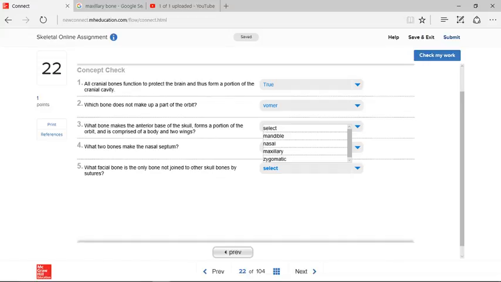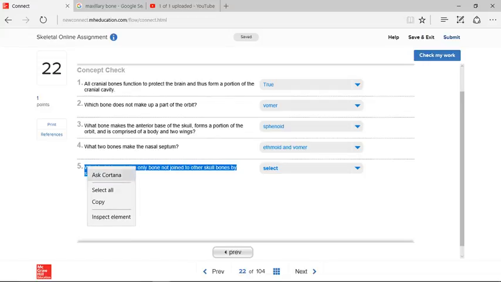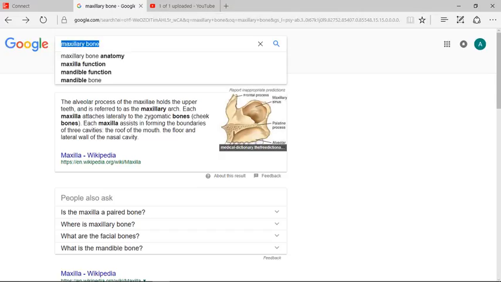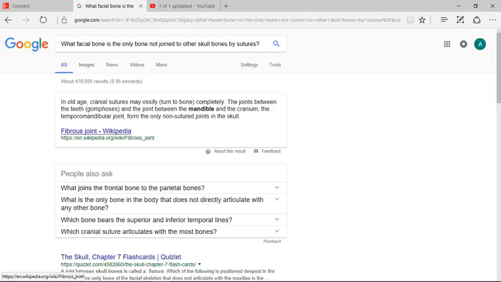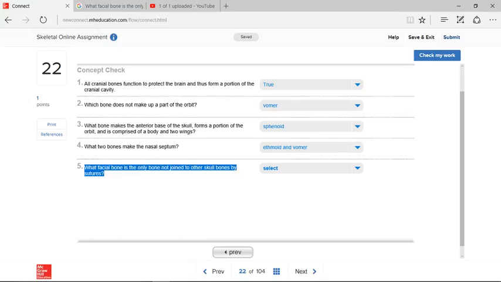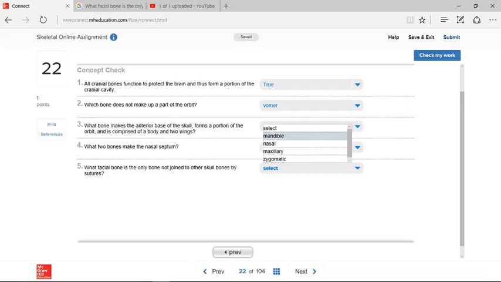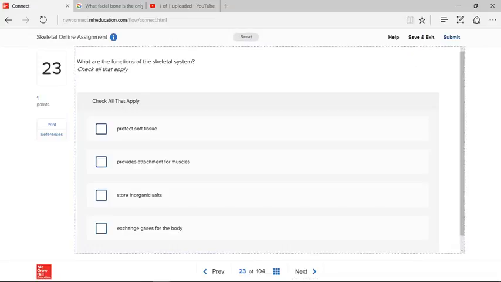Real quick, I don't know why I haven't been doing that the whole time. It's the mandible, right? Because it doesn't have sutures. So you guys don't need to tell me in the comments anymore, because I guessed right. And it is right. Alright. I hope it is.